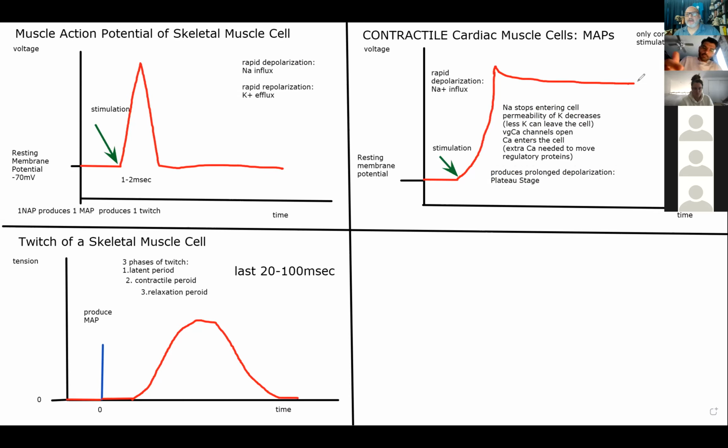Now, eventually, those potassium channels are going to open, and we have an efflux of potassium. We don't need to worry about a threshold on this. We just know that there's a stimulation enough to trigger this effect. We get this efflux of potassium, and that causes the cell to repolarize.